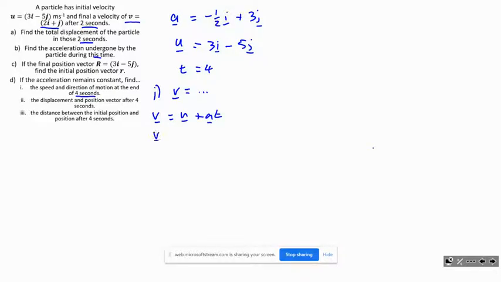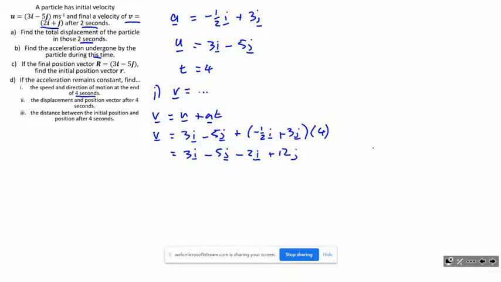So our v is going to equal 3i - 5j plus (negative a half i + 3j) times time, which is 4. So we have 3i - 5j - 2i + 12j, which is i + 7j.